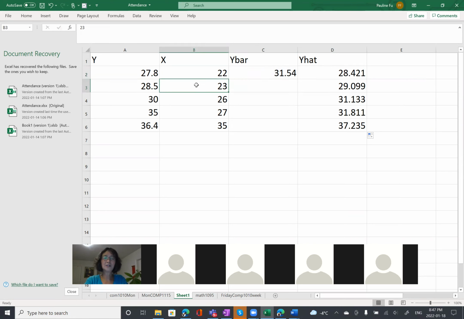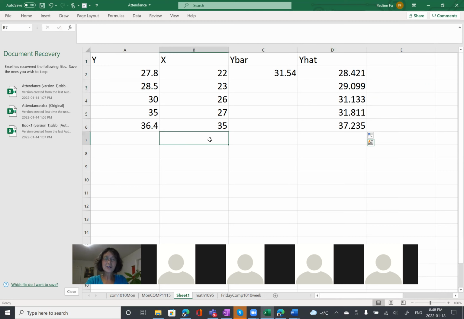Similarly, what is the predicted y for x equal to 23? The predicted y for x equal to 23 is 29.99099, etc. So those y hat are the result of regression.